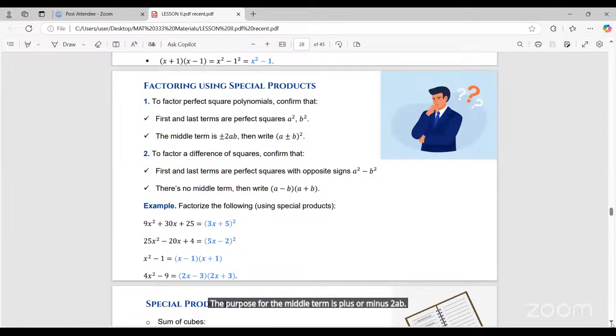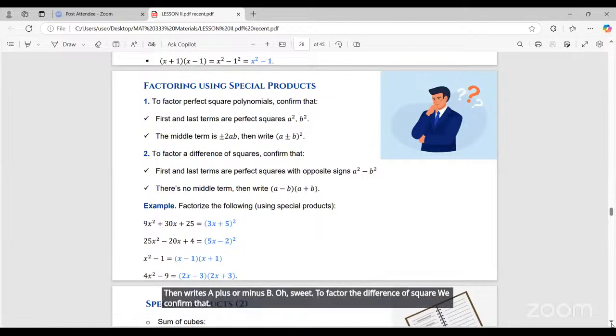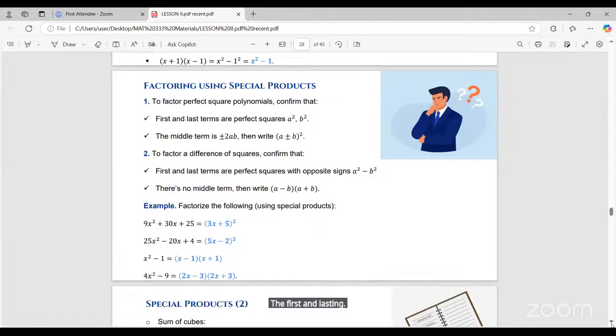Then write (a plus or minus b) squared. To factor the difference of squares, we confirm that the first and last terms are perfect squares with opposite signs. There's no middle term. Then we write (a minus b)(a plus b).